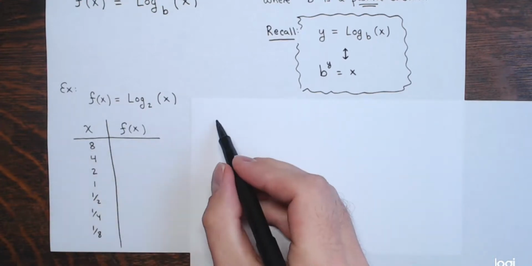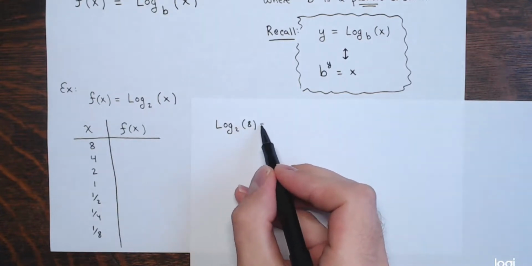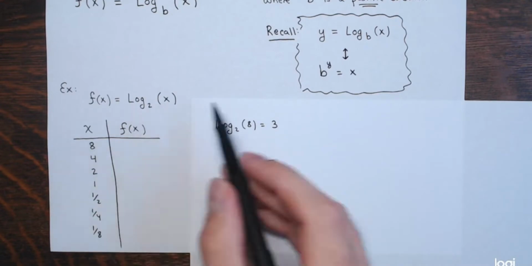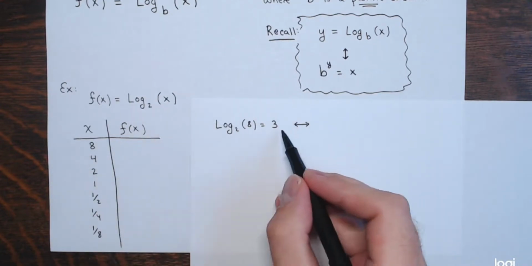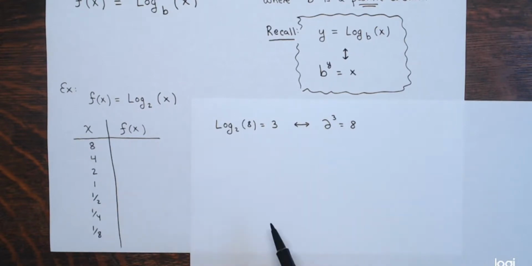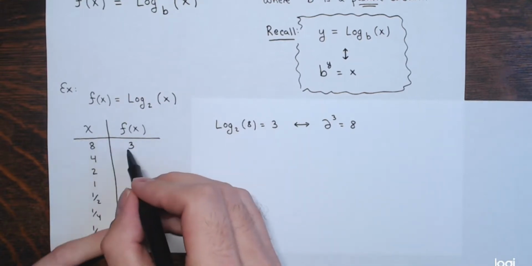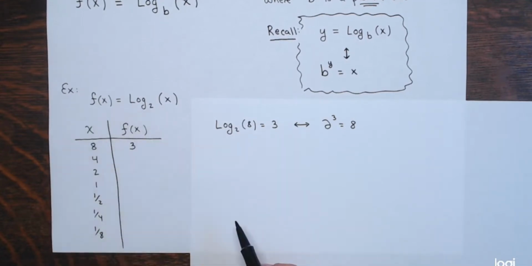The log base 2 of 8 would be 3 if I plug in 8 for x. And that's because 2 to the third power is 8. These have the same exact meaning, one in logarithmic form, one in exponential. So the ordered pair 8, 3 will be on the graph of this logarithmic function.